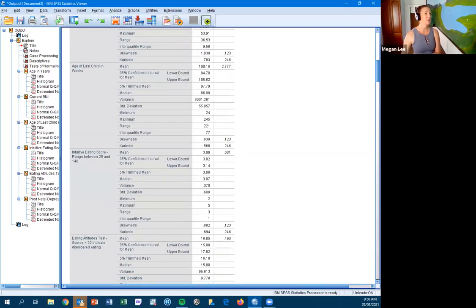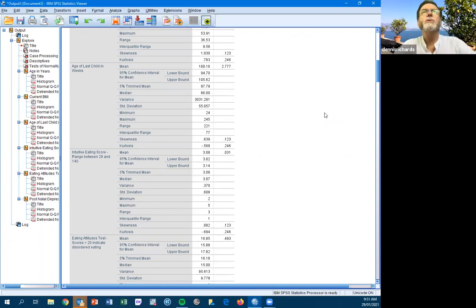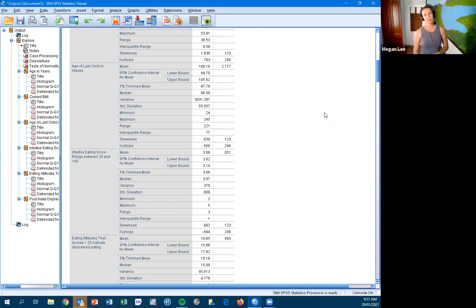Okay, age of last child, what do we got? Remembering this is all in weeks. What's our average age of our children? 100 weeks. So about 2 years, with a standard deviation of about a year. So ranging between 1 and 3, which seems quite normal in that postpartum period.